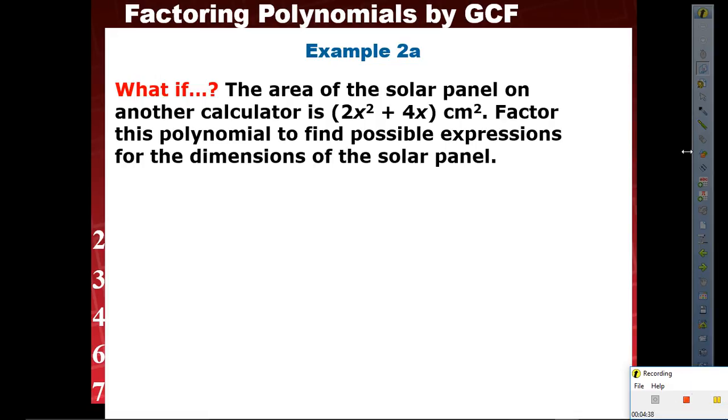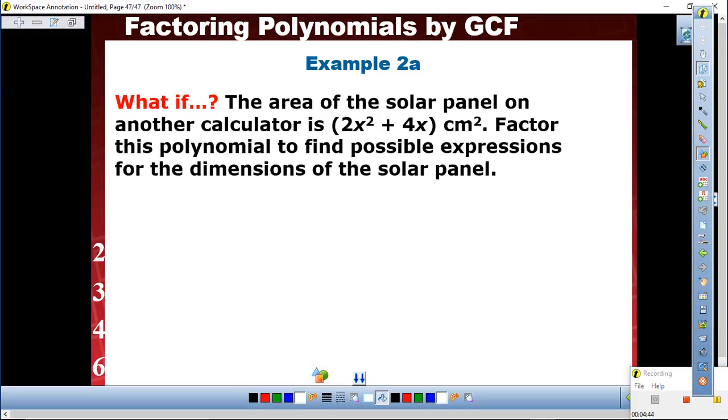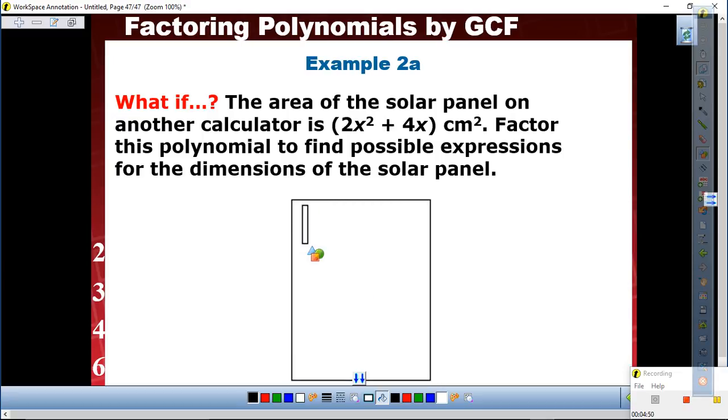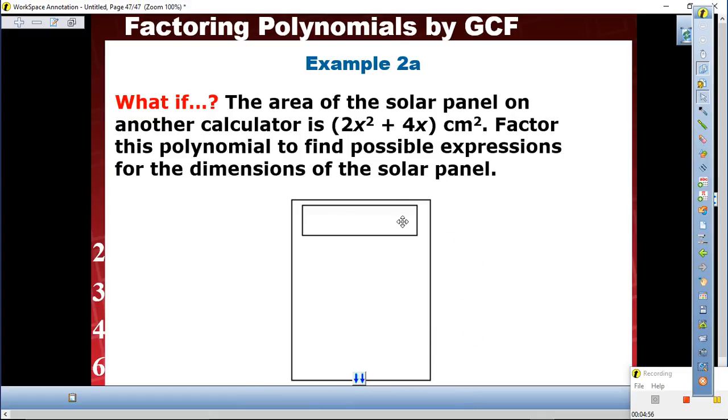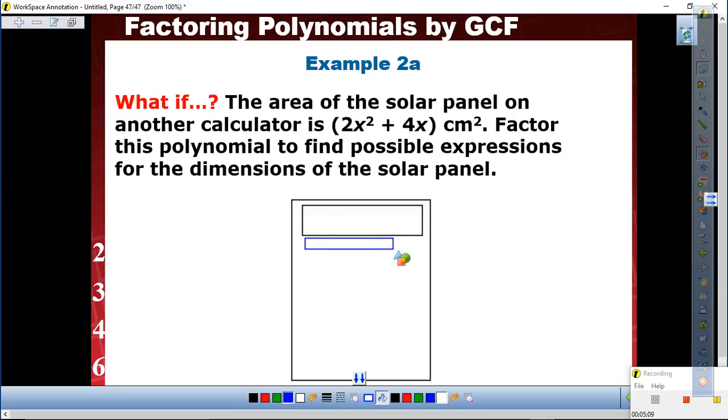Okay, let's go over this one together. Let's draw a picture of a calculator. Have you guys seen that some calculators have a little solar panel right there? And then you have the screen. Let me put the screen in blue, right about here.